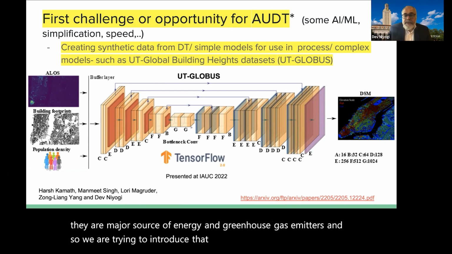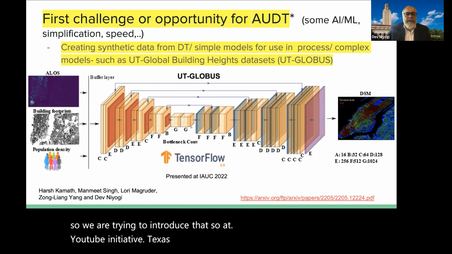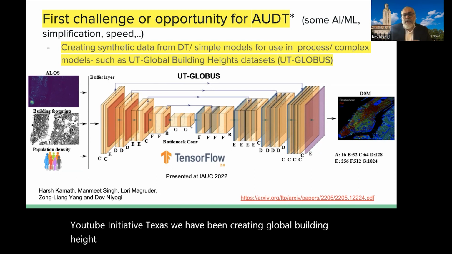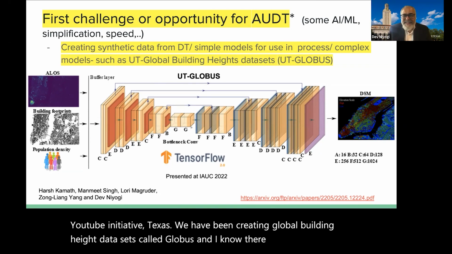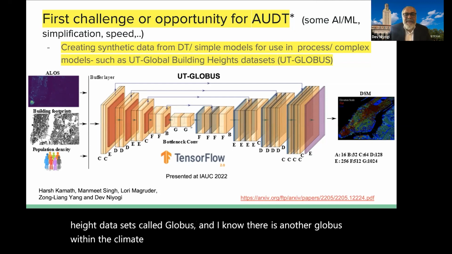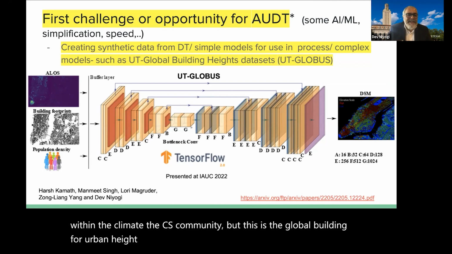So at UT, University of Texas, we have been creating a global building height data set called Globus. And I know there is another Globus in the CS community, but this is the global building urban height, urban studies data set.